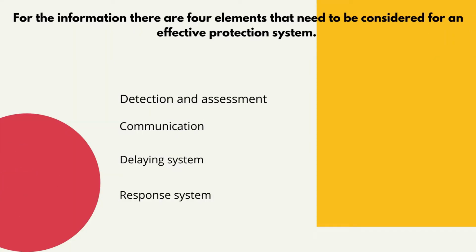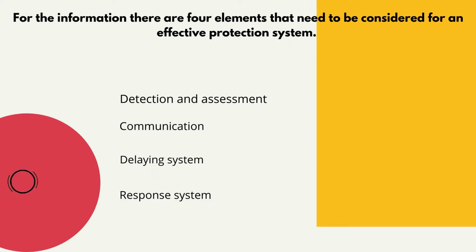For your information, there are 4 elements that need to be considered for an effective protection system. First and foremost, detection and assessment, which is a system that can detect and also verify any unauthorized attempt by an outsider.